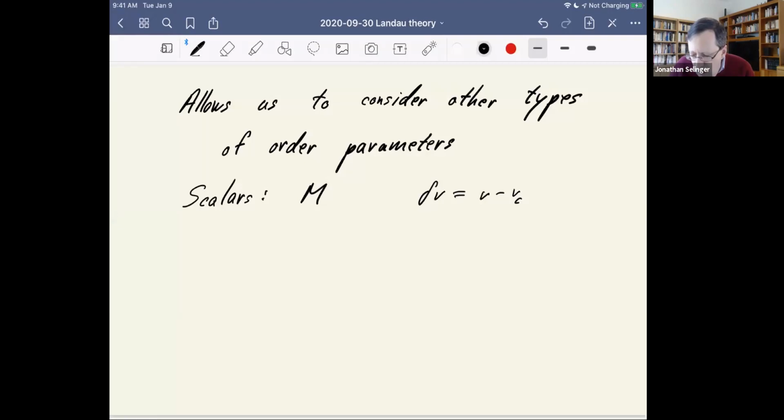There are a lot of other physical problems where the order parameter is a different sort of mathematical object. Okay? So there are problems where the order parameter is a complex number.